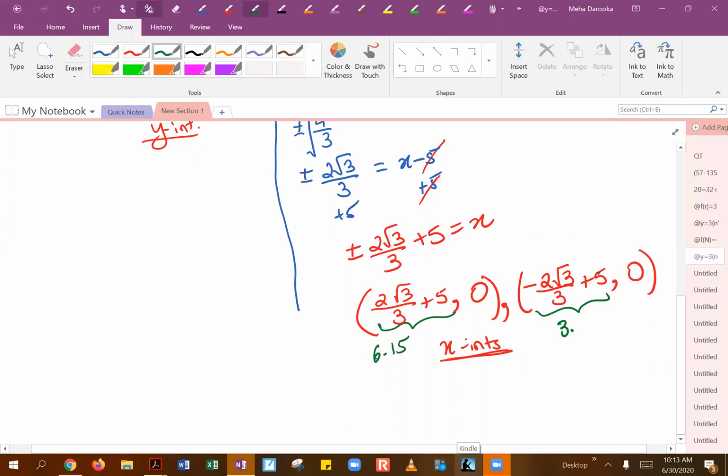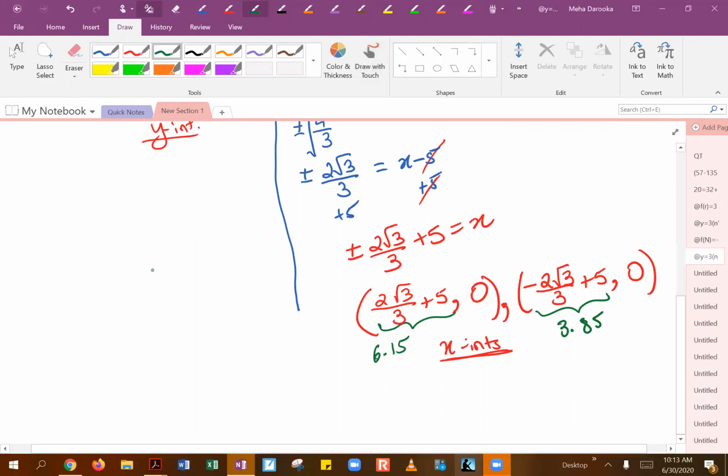So that will round down to 3.85. Okay, Morgan, you're changing to 3.85. Okay, very good. So even though you have the negative 2 square root of 3, because of that plus 5, you actually still end up staying with the positive. So both our x-intercepts are actually going to be on the positive side.